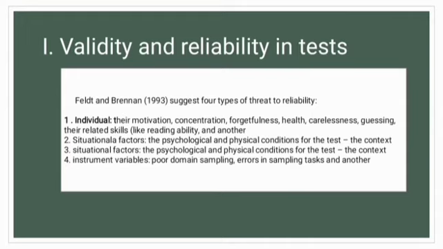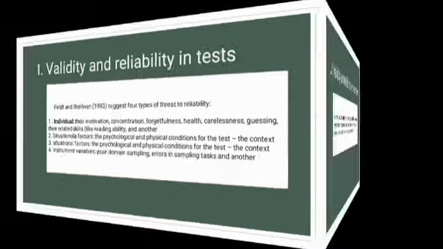Second, situational factors: the physiological and physical conditions for the test, the context. Third, situation factors: the physiological and physical conditions for the test, the context. Fourth, instrument variables: poor domain sampling, errors in sampling tasks, and others.